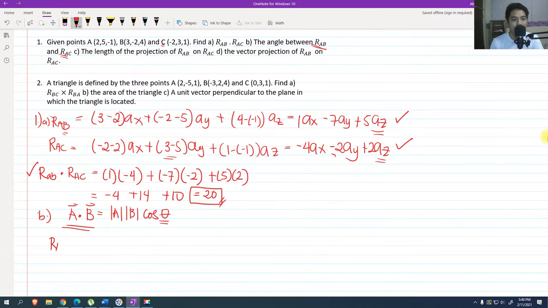We can get the magnitude of vector R_AB and the magnitude of vector R_AC, and then we have cosine theta.